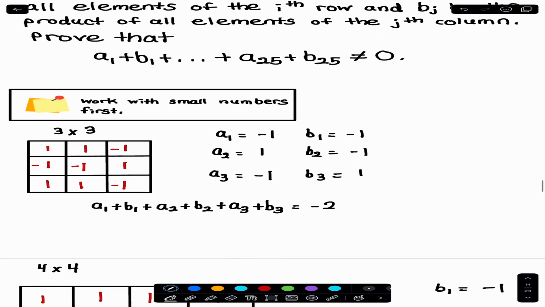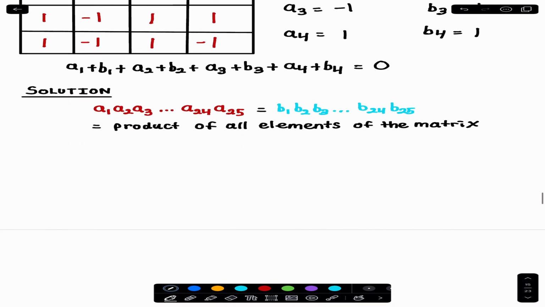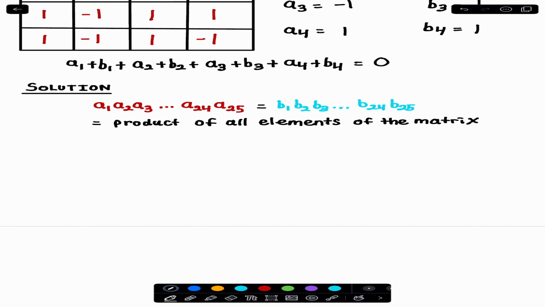Since we're asked to prove that the sum is non-zero, let's start off with a contradictory assumption. We're going to assume the opposite. So assume that all of that is actually equal to 0.